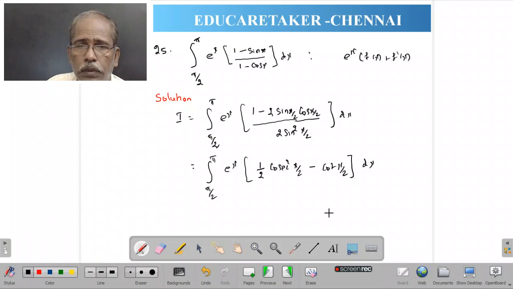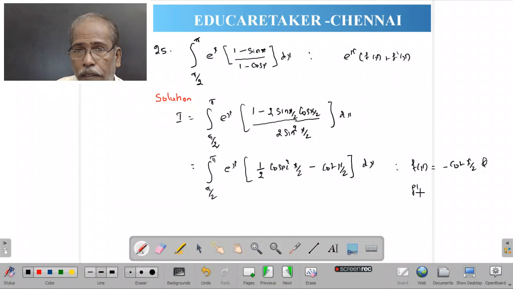Listen, the derivative of cot theta is minus cosecant square theta. So the derivative of minus cot x by 2 is 1 by 2 cosecant square x by 2. Here we have identified f of x as minus cot x by 2, and its derivative f dash of x, applying the chain rule, is minus 1 by 2 cosecant square x by 2.